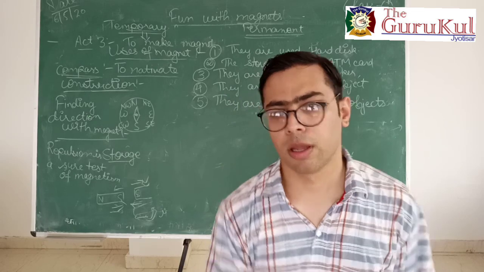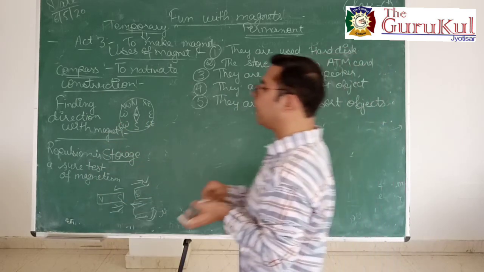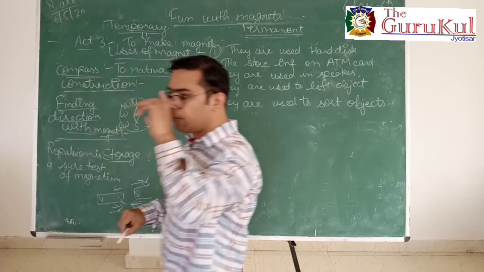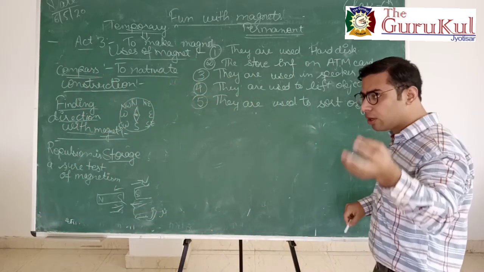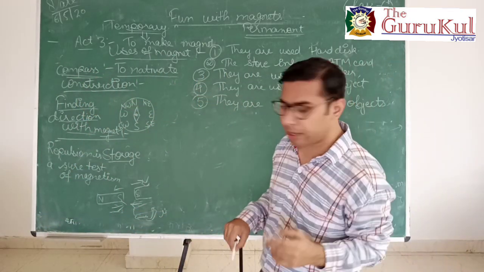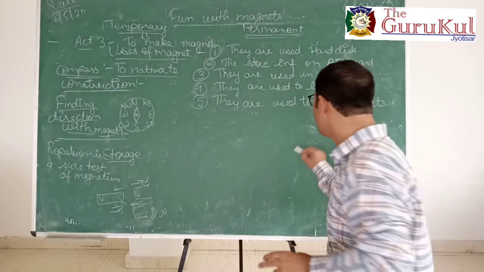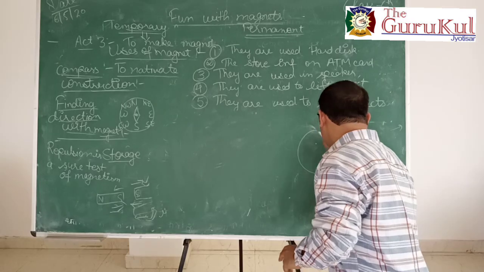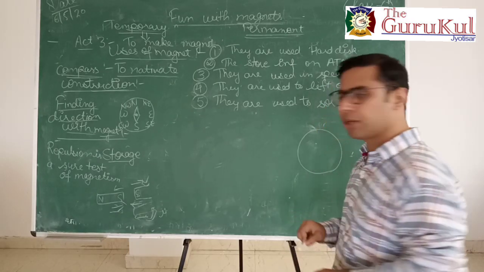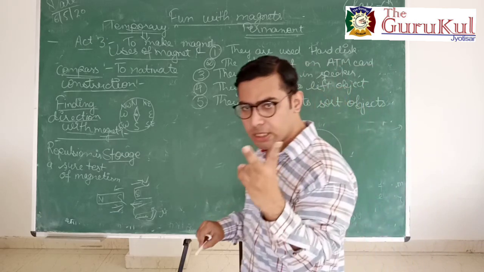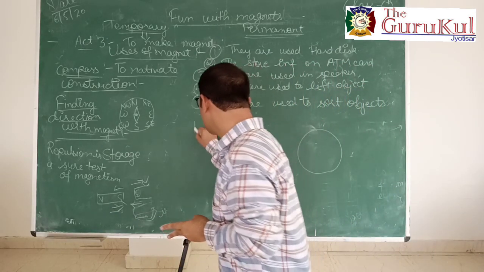Now, as we have studied this topic, finding direction with the help of a magnet, let us understand in detail how this happens. Suppose this is the earth. Remember, earth has two kinds of poles.